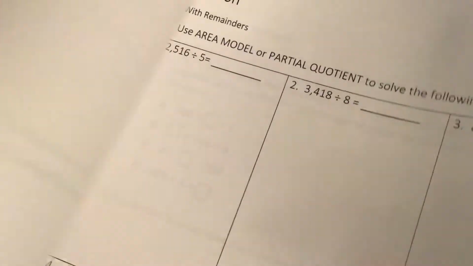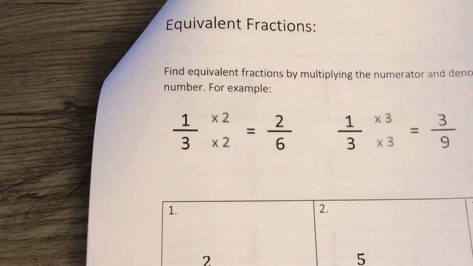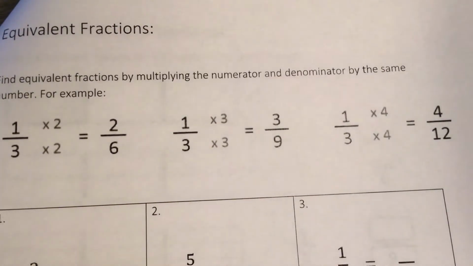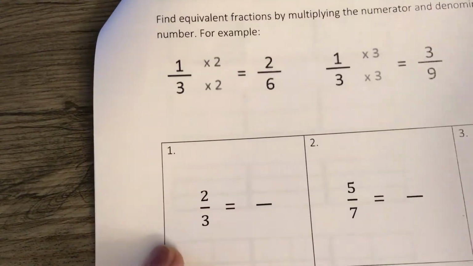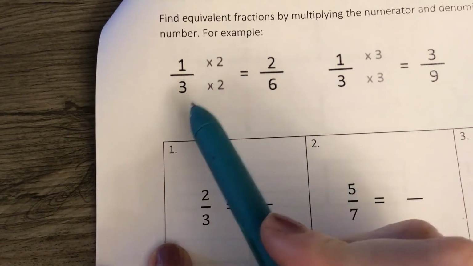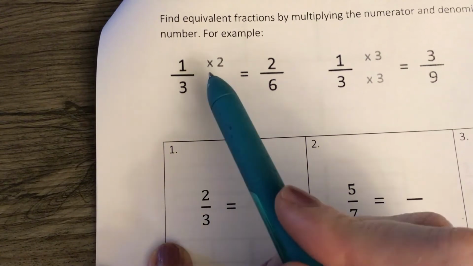So I'm going to turn to the equivalent fractions page. And here it is right here. So for equivalent fractions, you are finding them by multiplying the numerator and denominator by the same number. So when you have 1/3 and it becomes 2/6, it's simply because you multiplied the top and bottom by 2.